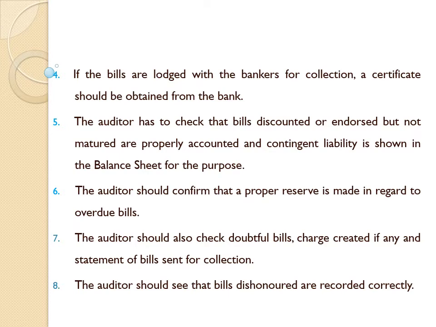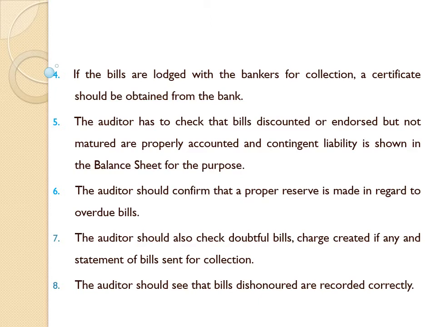That is also known as bills for collection. So for bills sent for collection, and for getting a complete idea about it, the auditor can obtain a certificate from the bank.